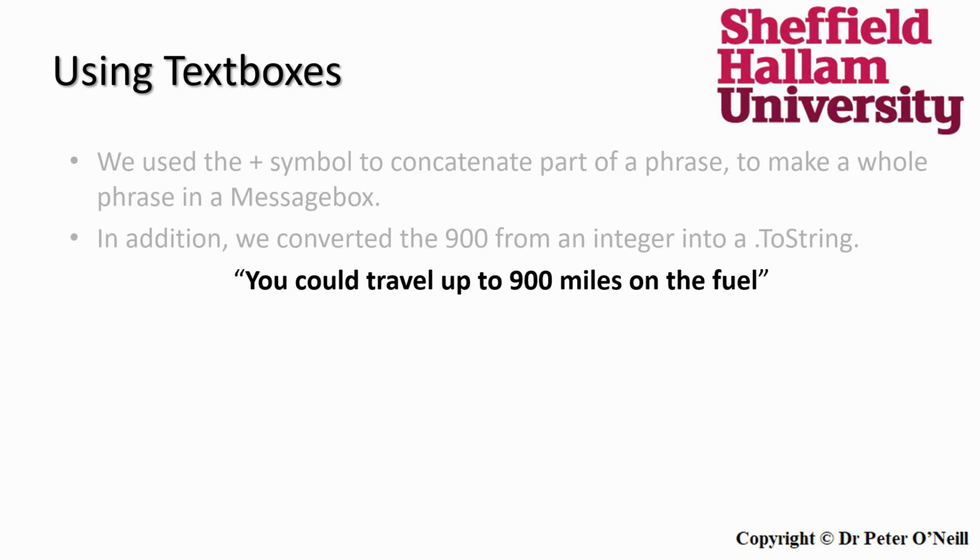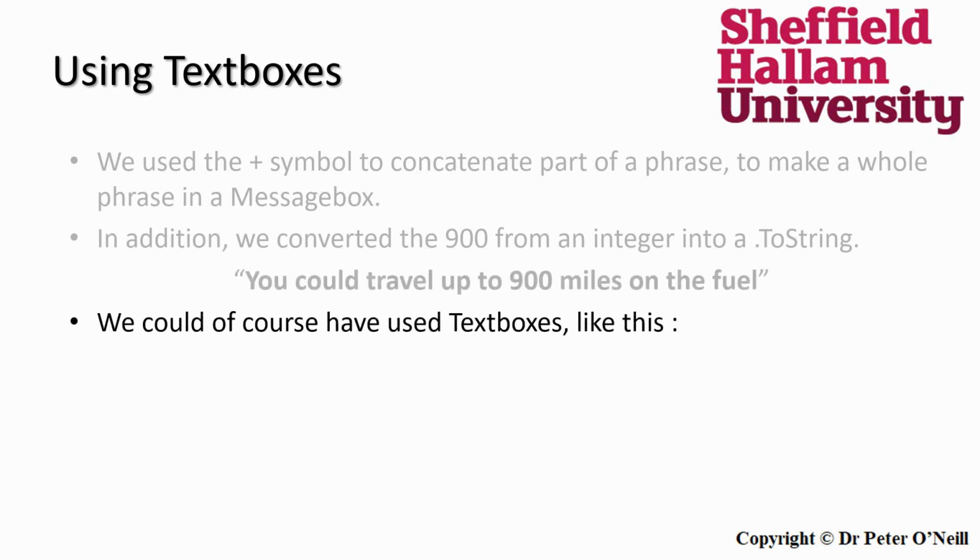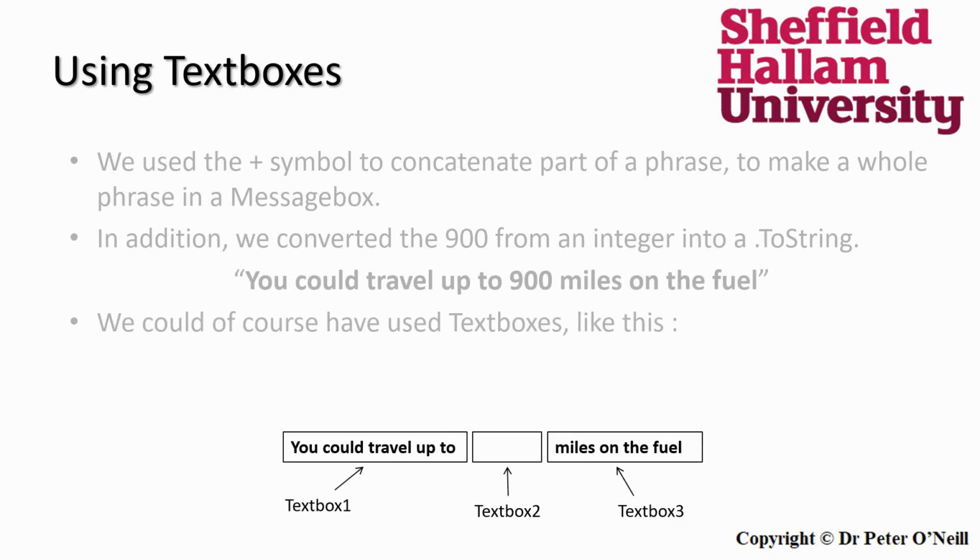So we could put this into our text box in total. How will we do that? We'd split it into pieces, the three pieces that we had previously. So you could travel up to, text box 2 for the actual number.